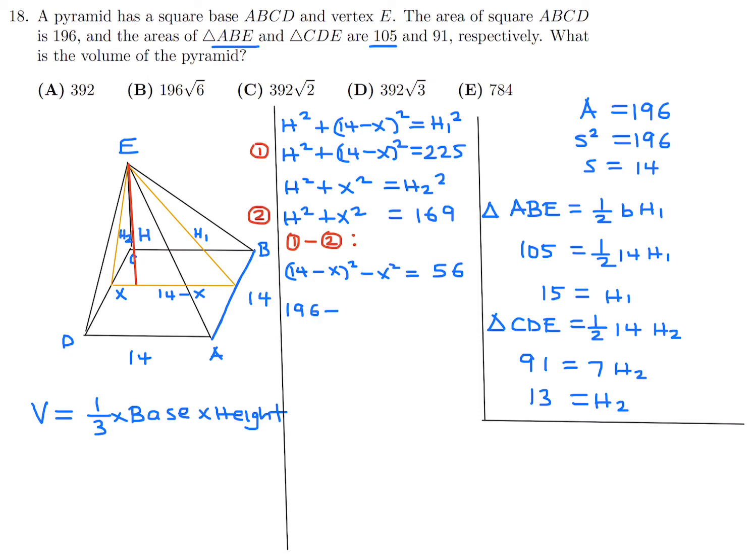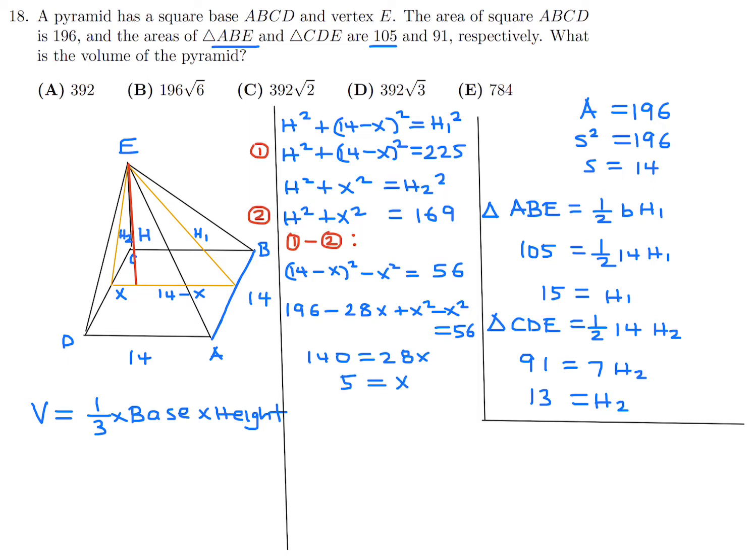Expanding, I get 196 minus 28x plus x squared minus x squared is equal to 56. So that means 196 minus 56, so that's 140, is equal to 28x, and therefore x is equal to 5.